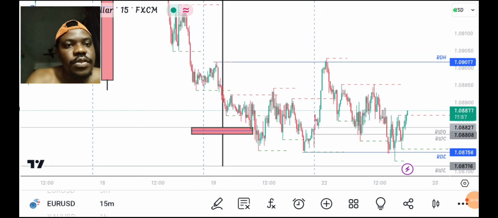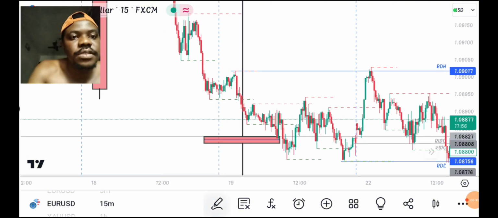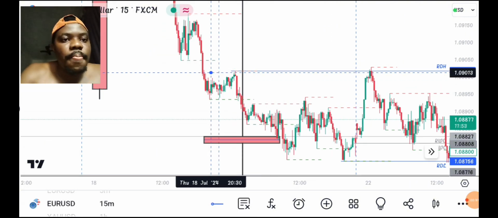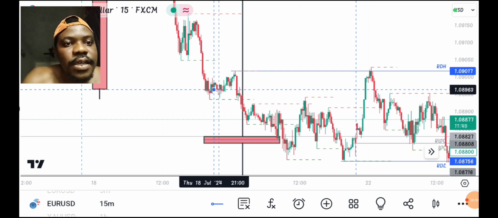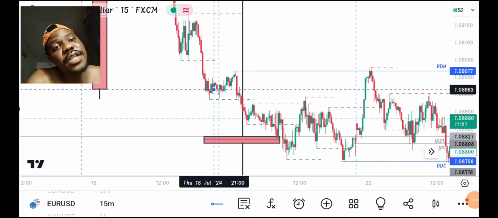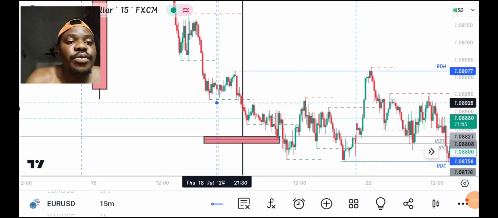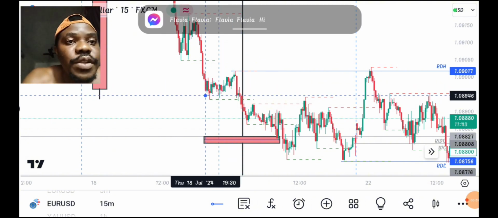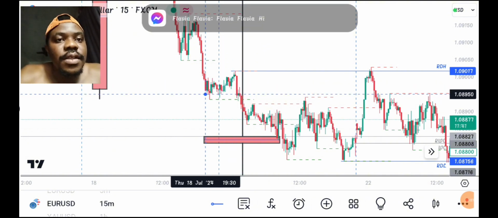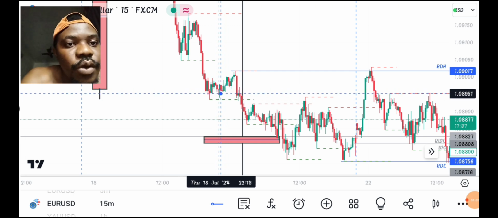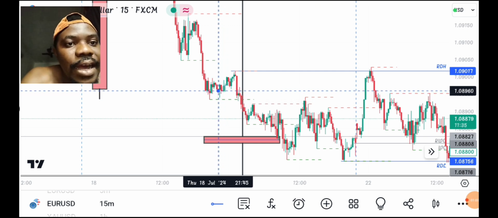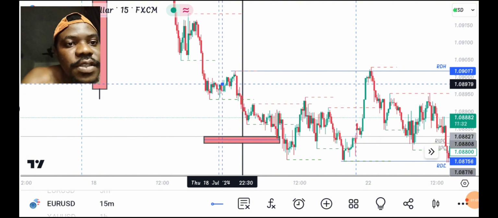So still with the help of our session break lines, the last candlestick before the session break line was the close of the previous day, but we are looking for the open of Friday. So we go with the first candlestick after our session break line, which is this bullish candlestick.